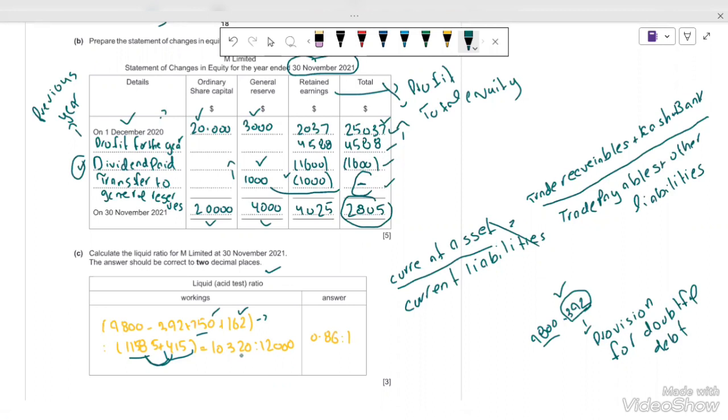So we have 10,320 as our current assets and 12,000 as our current liabilities. So you just divide this and you have 0.86 to 1. So it means that for every $1 of liability, you have 0.86 cents to pay.